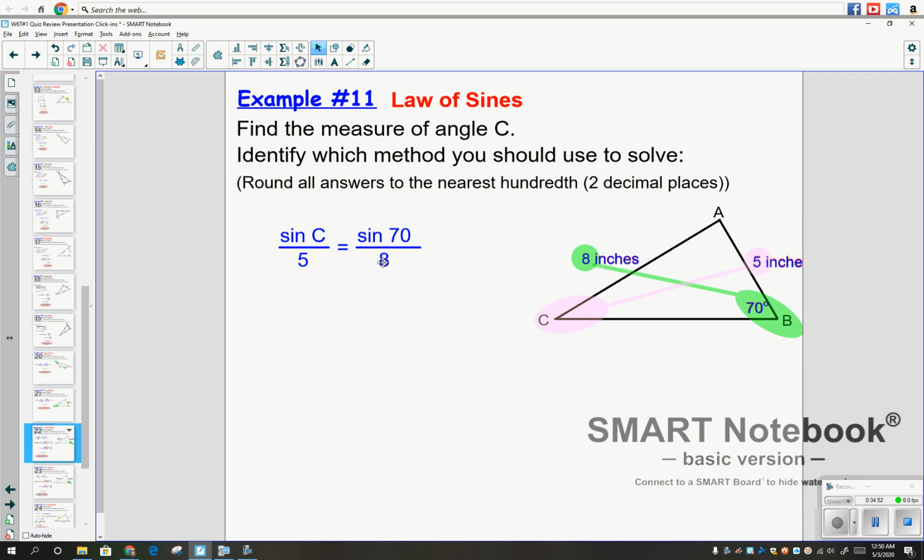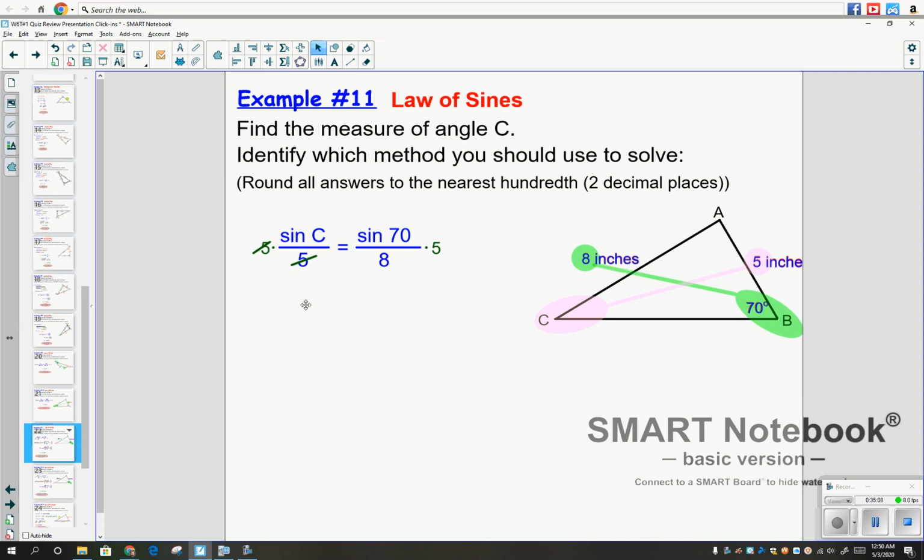I'm going to get C by itself. Well, first we've got to get sine of C by itself. So let's get rid of the 5. Let's clear fractions on the left side. So I'm going to multiply both sides by 5. They'll cancel out.